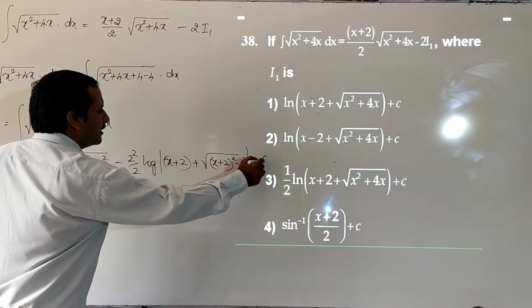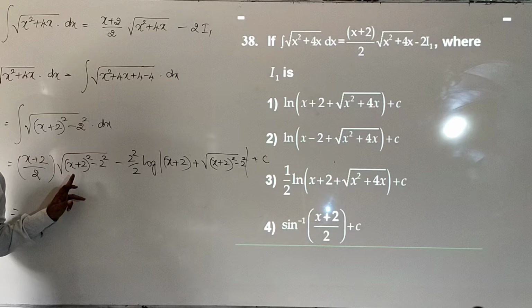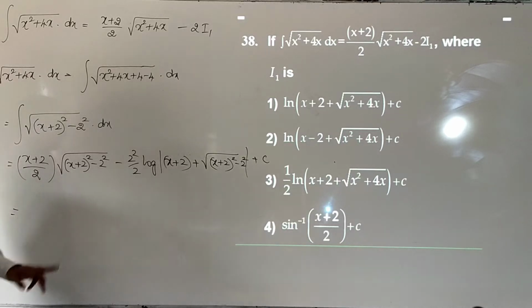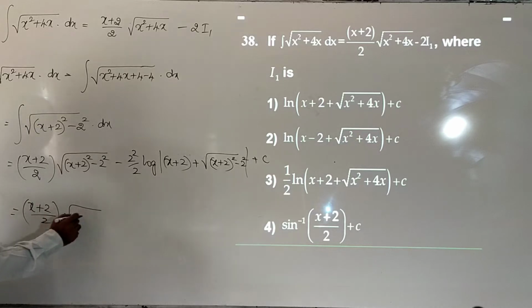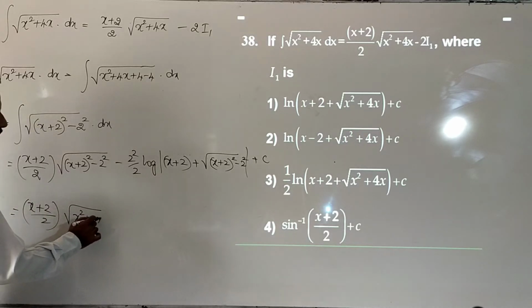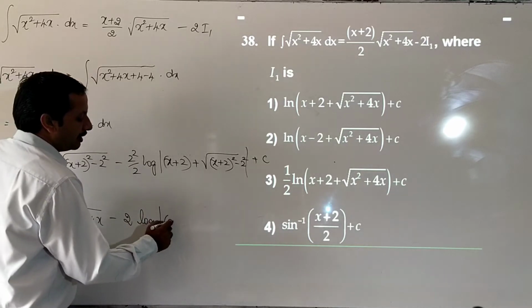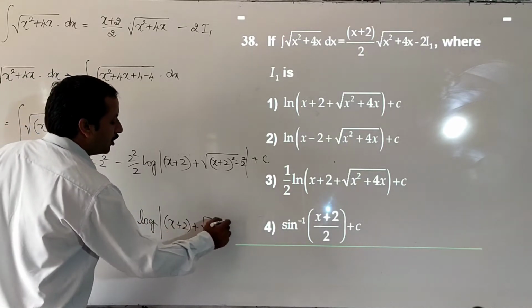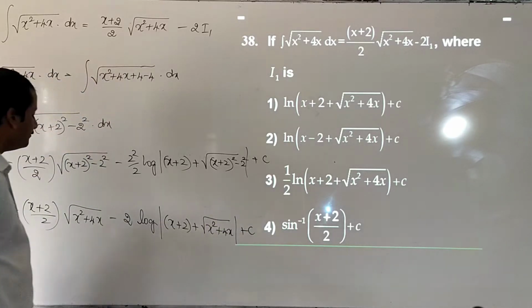Here x means x plus 2, so x plus 2 whole square minus 2 square is nothing but x square plus 4x plus 4 minus 4. So we get (x plus 2) by 2 into root of x square plus 4x, minus 2 into log mod x plus 2 plus root of x square plus 4x, plus c.